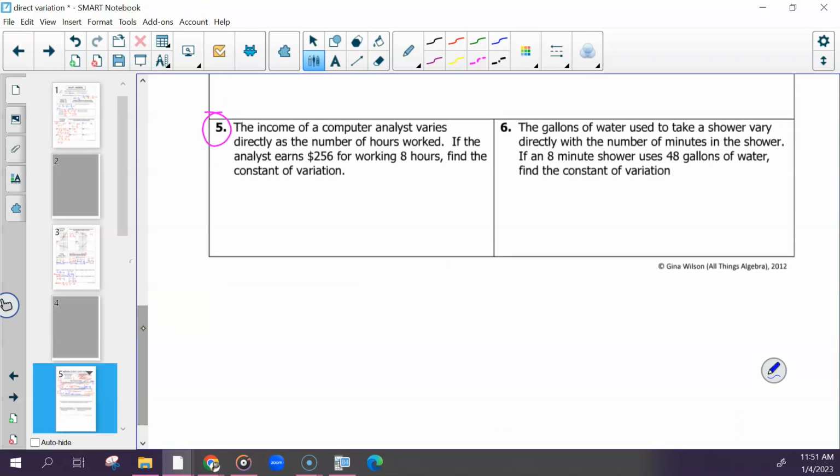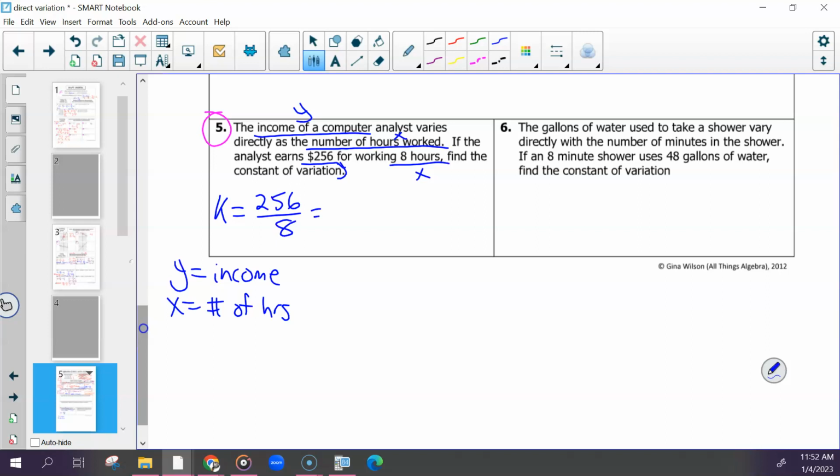For number 5, the income of a computer analyst varies directly, so the income will be our Y. Varies directly as the number of hours worked, so that will be our X. If the analyst earns $256, so that would be their income, for working 8 hours. So let's find our K value using those numbers.